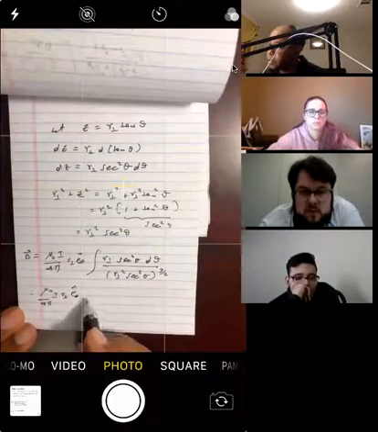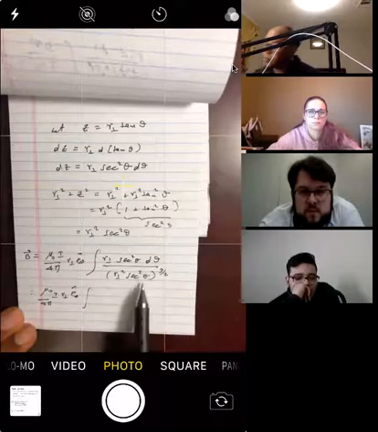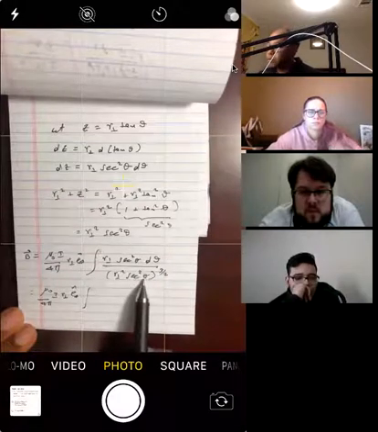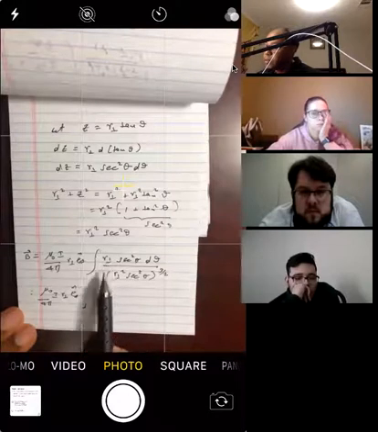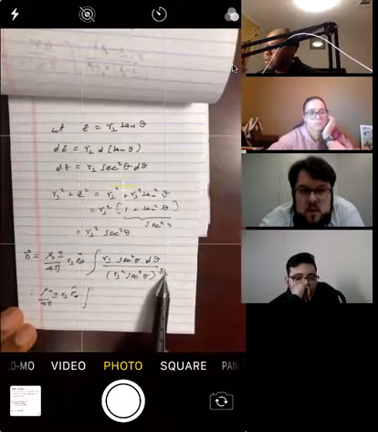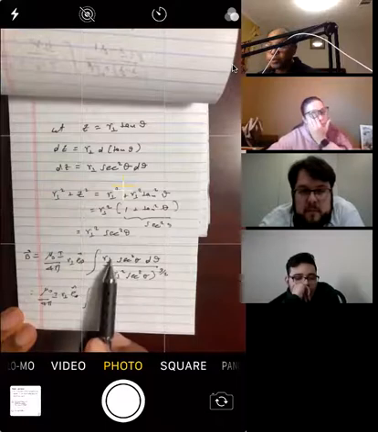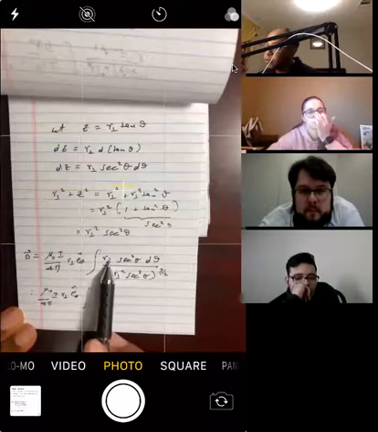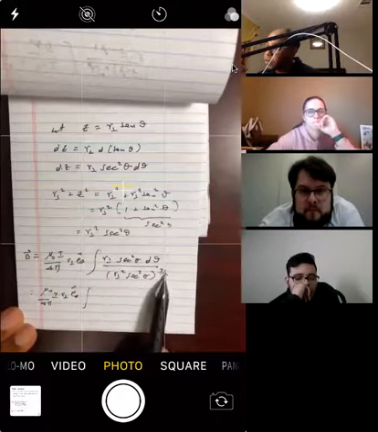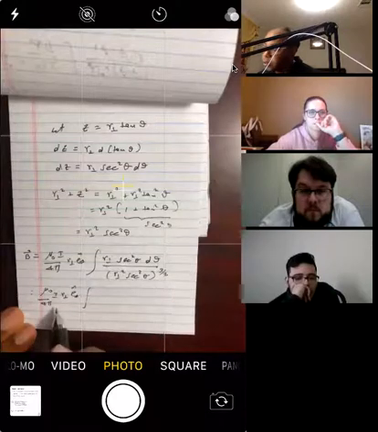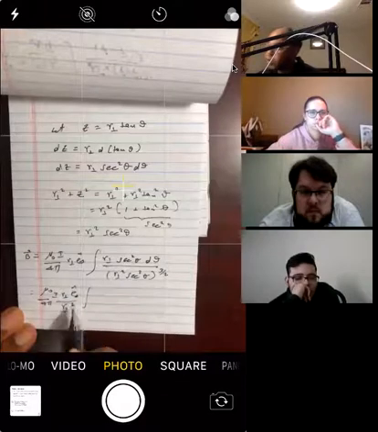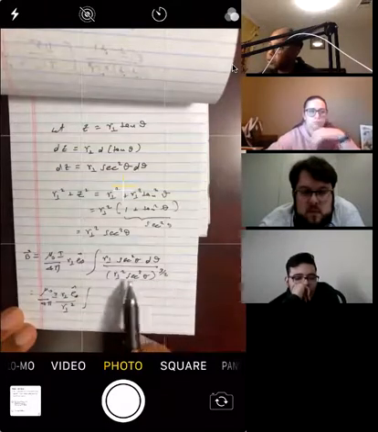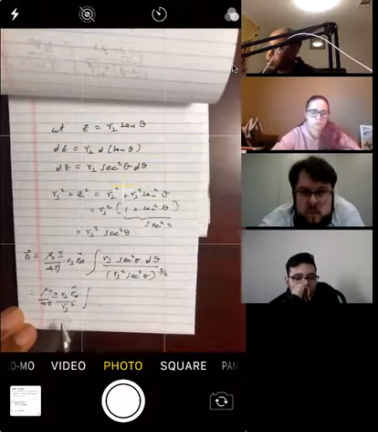Now we have r perpendicular from here and r perpendicular cubed from the denominator, so it's going to be one r perpendicular squared.